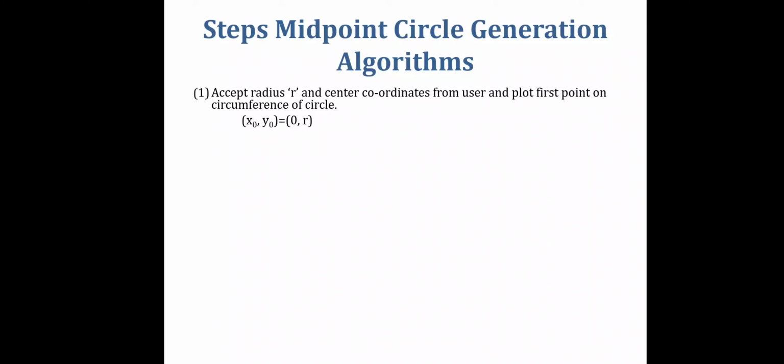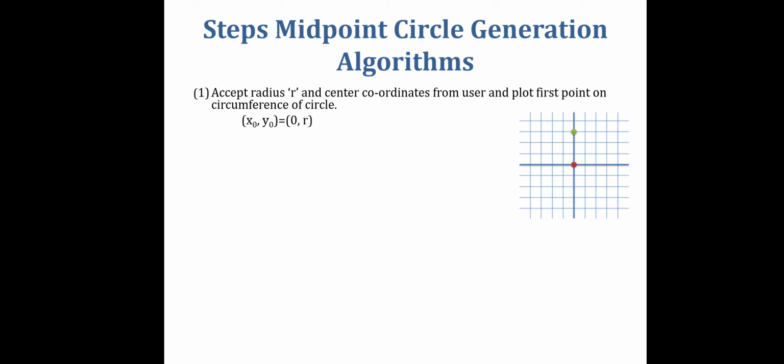Up till now we have seen how the equations are derived. Now directly we will see where to use that derived equation in the steps of the circle generation algorithm. First of all you have to choose a radius and the center of a circle, and you have to plot that. It will be shown as x0, y0 and it will be (0, r). The first point x is 0 and y is nothing but the radius.